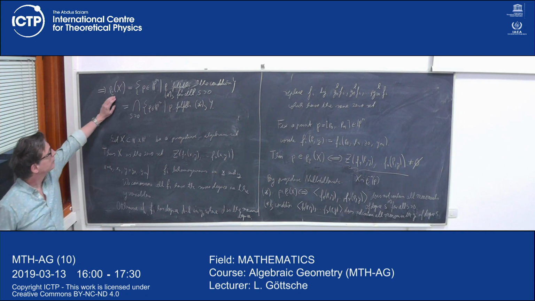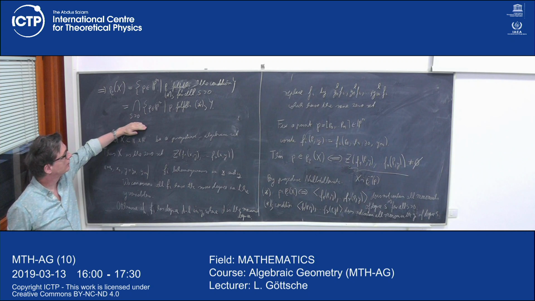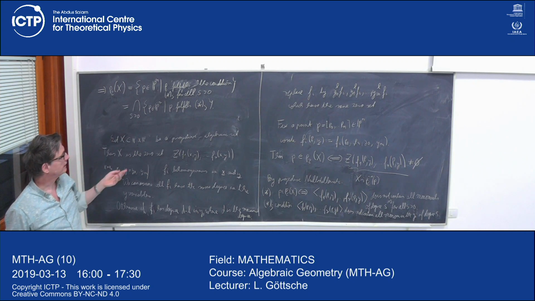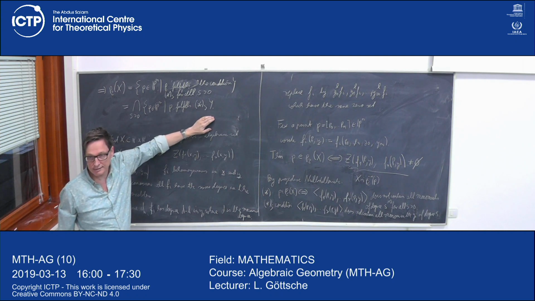So this P2 of X is the intersection of these subsets. Therefore, it is enough that each of these sets is closed, because then it is the intersection of closed subsets.